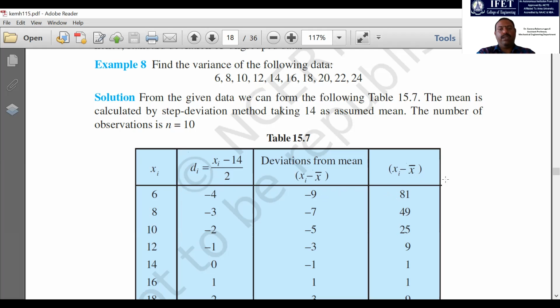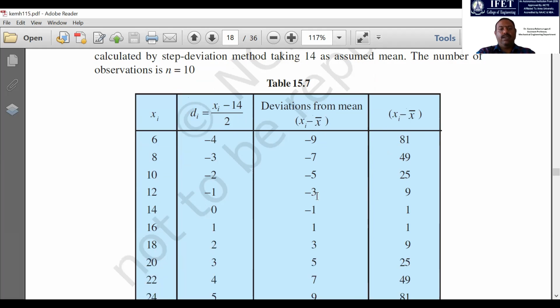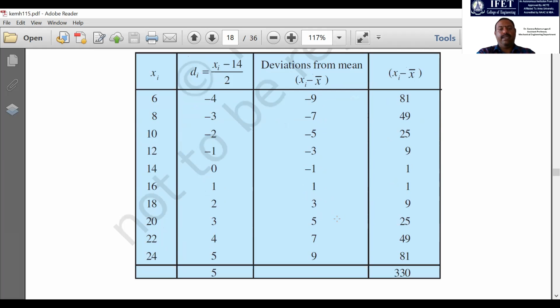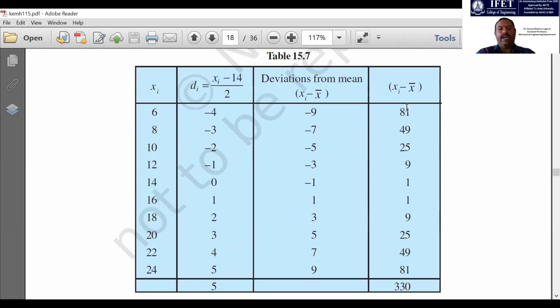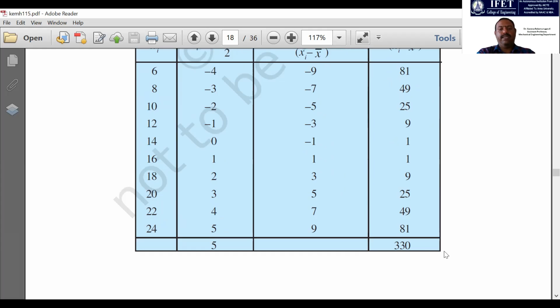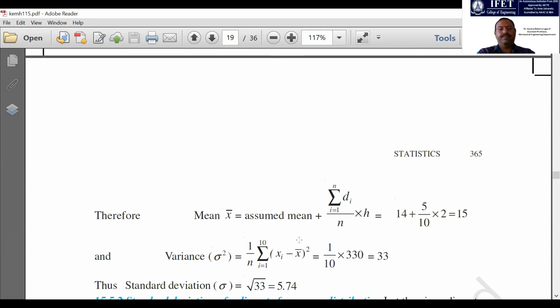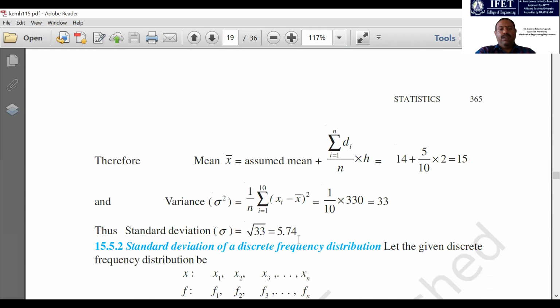And you have to take the square of each deviation: 7 squared is 49, 5 squared is 25, 3 squared is 9, like this you have to do it. Then add all the squared deviation values, which gives 330, right? And you have to find out the variance.